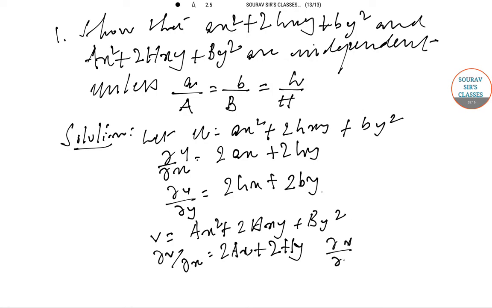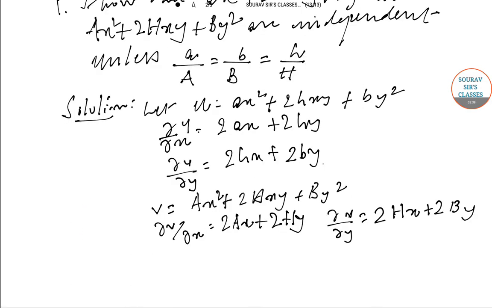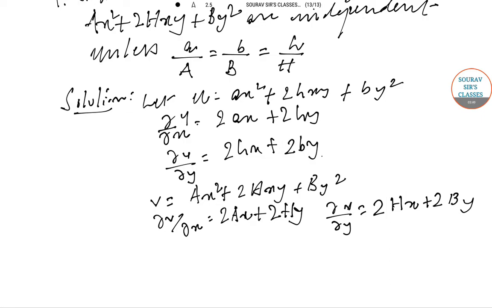See, we have y only in two terms, 2hxy and by square, so your ax square becomes a constant and it becomes 0. So you are only left with 2hx and then 2by, right? So now go ahead and do it.